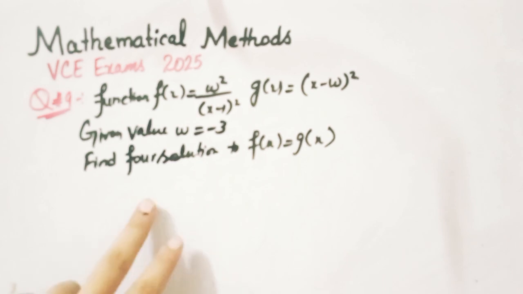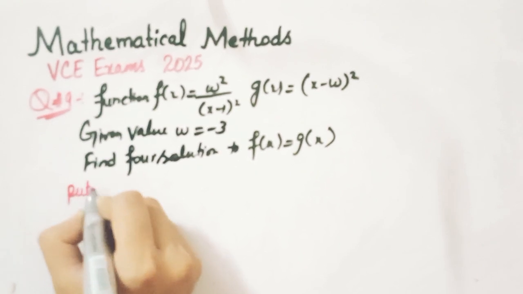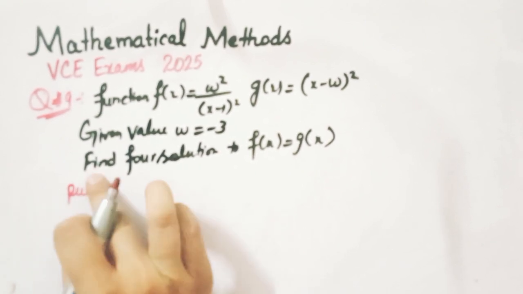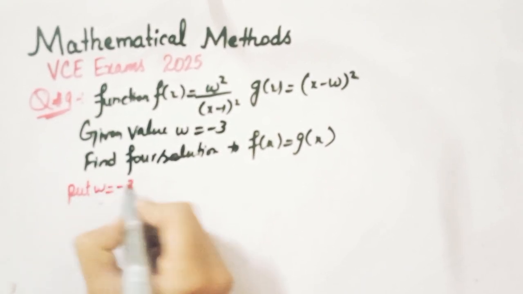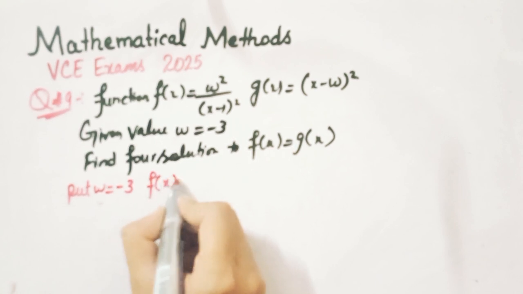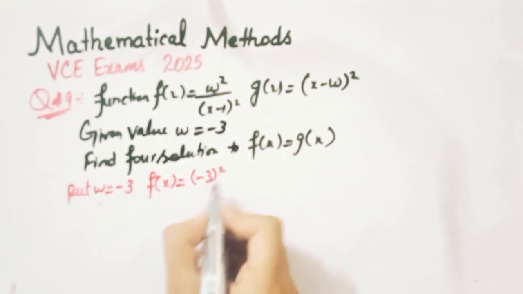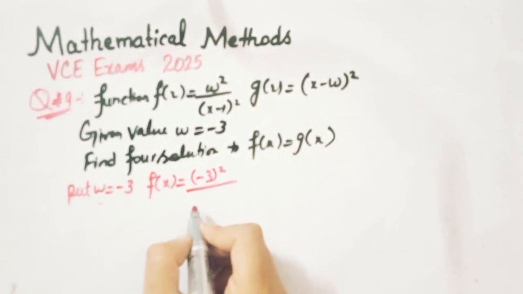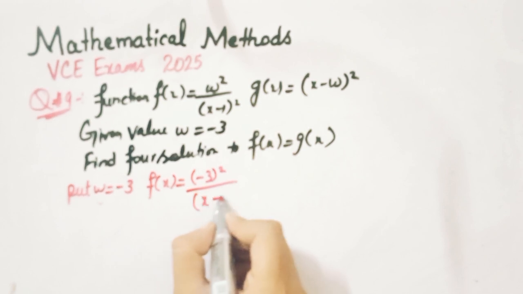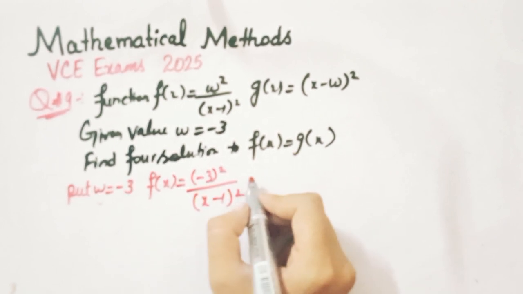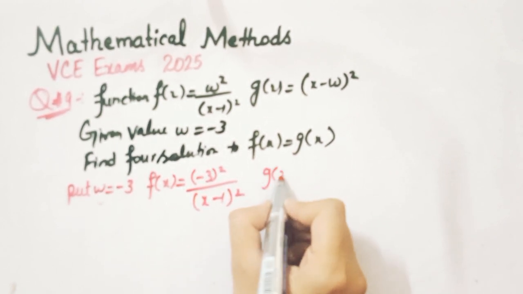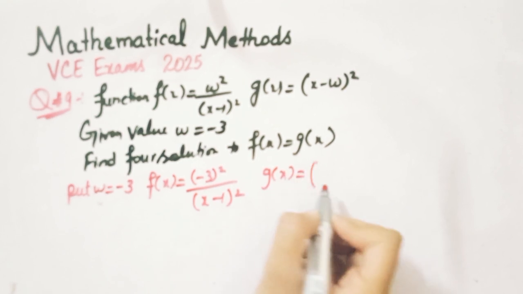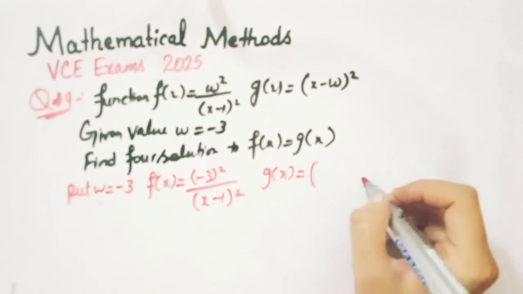We will equate both of them. First of all, put w equals minus 3. So f of x equals (minus 3) squared divided by (x minus 1) squared, and g of x equals (x minus (minus 3)) squared.